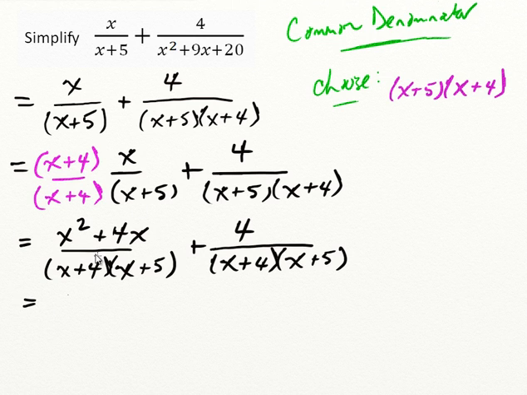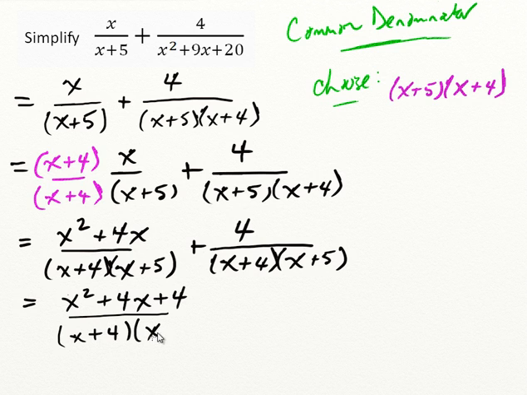Okay, well, let's combine the numerators now. And I notice that when I combine them, I get x squared plus 4x plus 4, over x plus 4 and x plus 5. Well, that can be simplified.